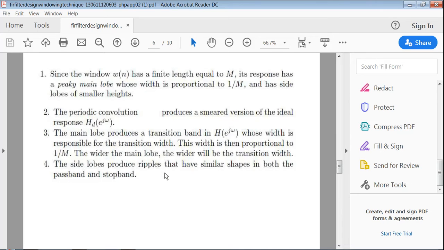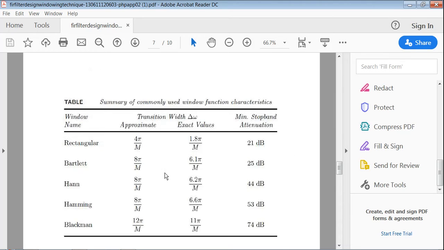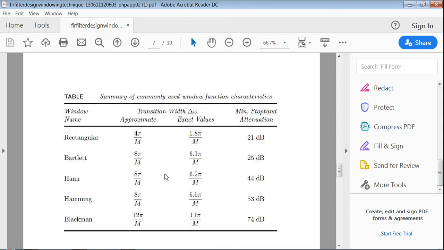We don't want ripple, and therefore while selecting the window, it is very important what type of window should be selected. See, these are the different types of windows: rectangular window, Bartlett window, Hanning window, Hamming window, Blackman window.